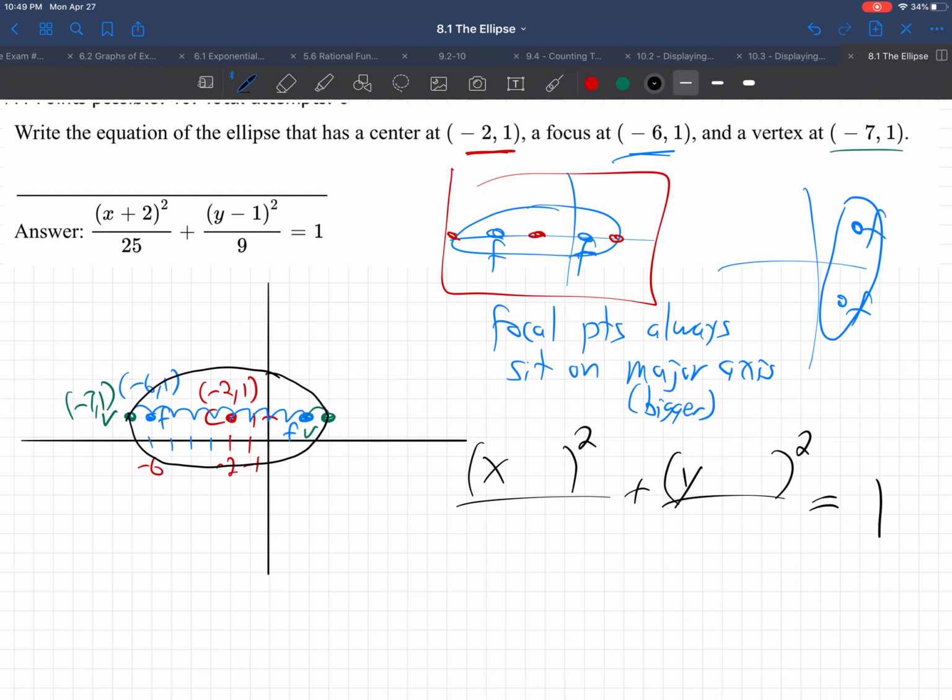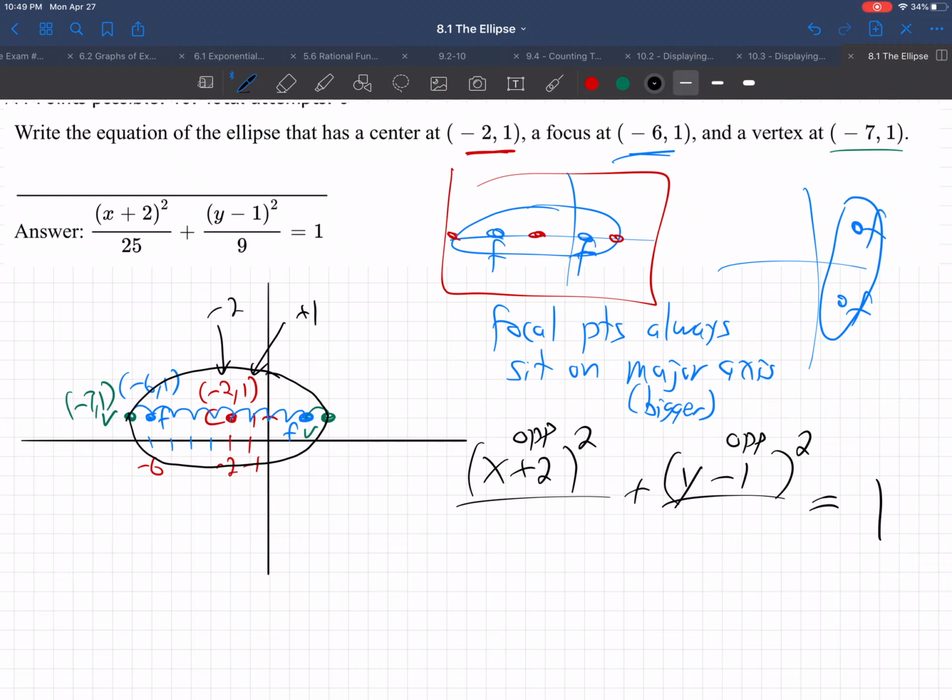And we know there's a 1 over here. They always have a 1, these ellipse equations. So do we know what's next to x and y? Yeah, it's always the opposite. So this would be plus 2 because the opposite of it is the center minus 2, and this must be minus 1 because the opposite of it is plus 1 for the center. Minus 2 and plus 1, the opposite go next to x and y in the parentheses, always the opposite.